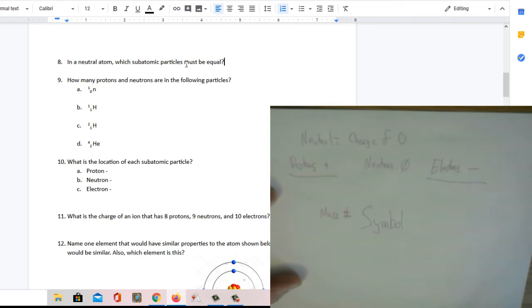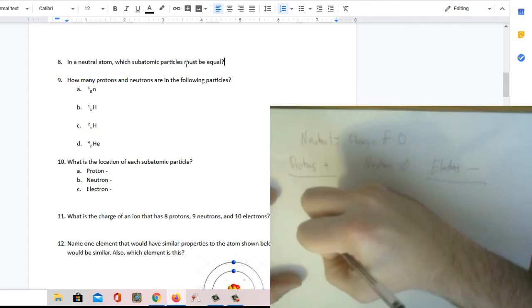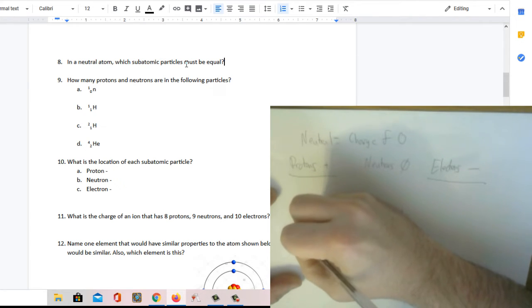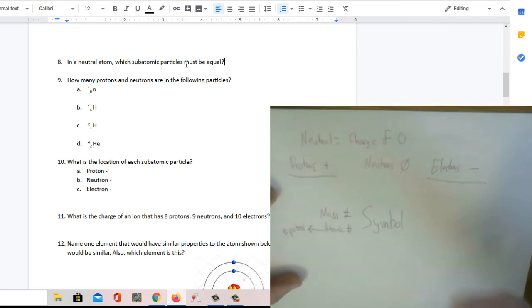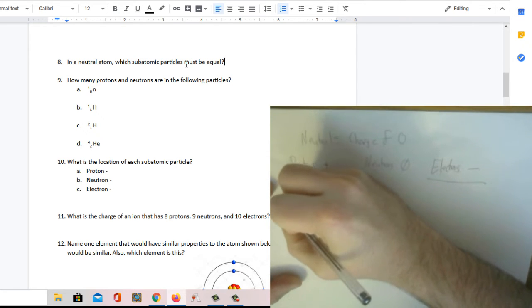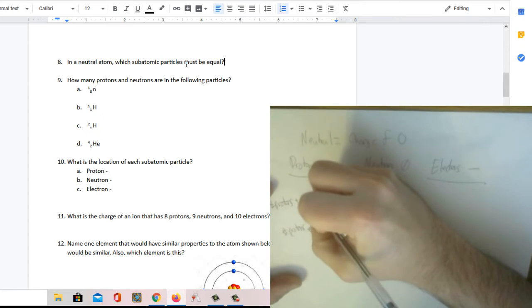And then underneath the mass number, you have the number of protons or atomic number. Atomic number is the same as the number of protons. And mass is the same as the number of protons plus neutrons.